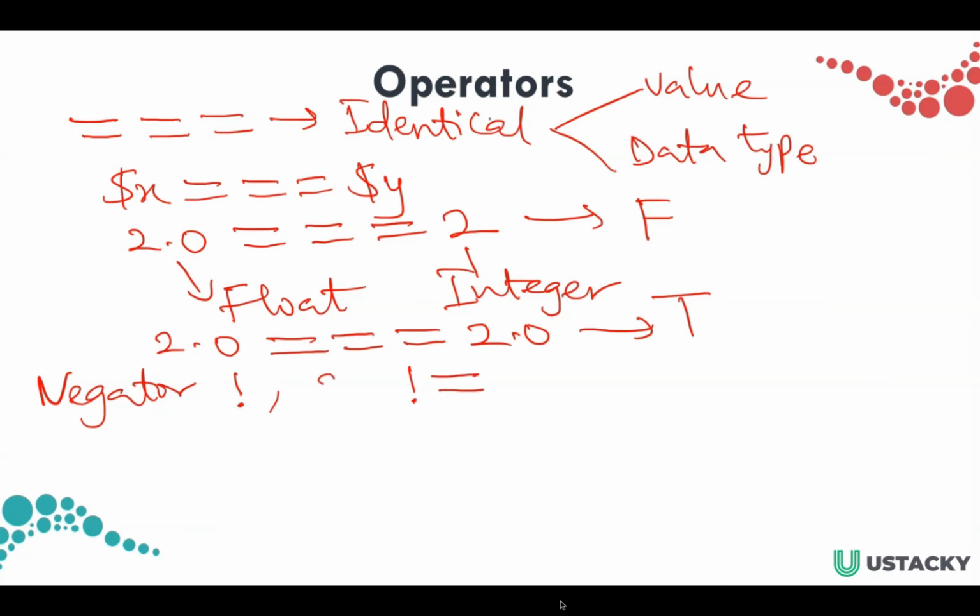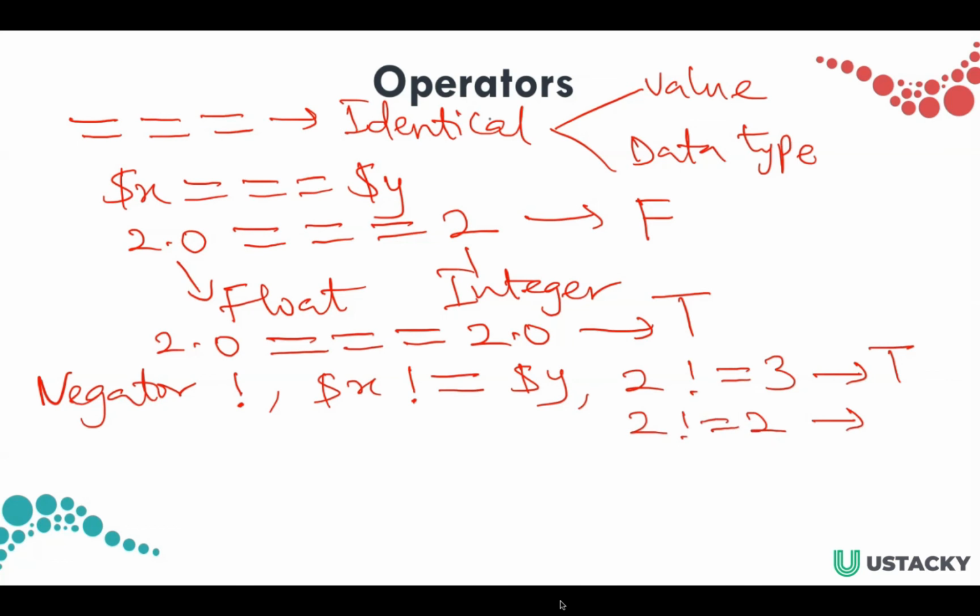So if you want to check if $x is not equals to $y, for example, 2 is not equals to 3, this will return true. So 2 is not equals to 2, this will return false.